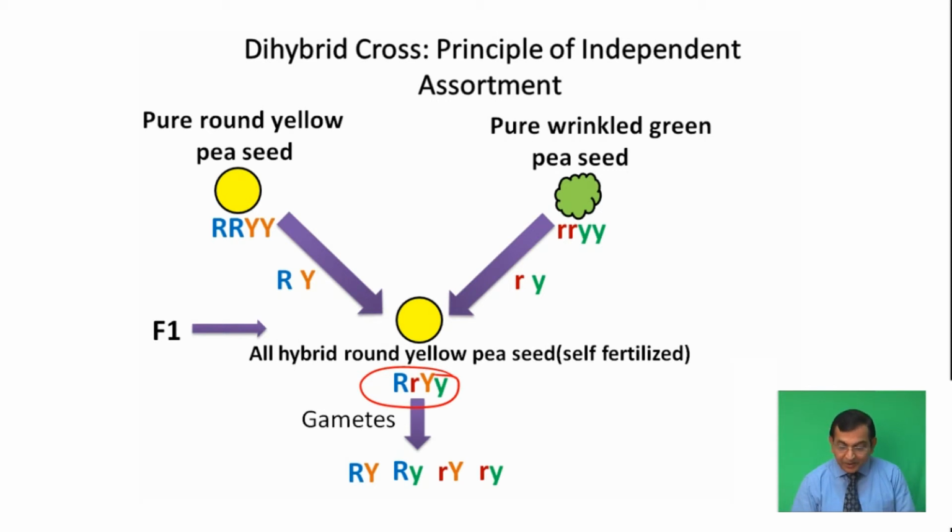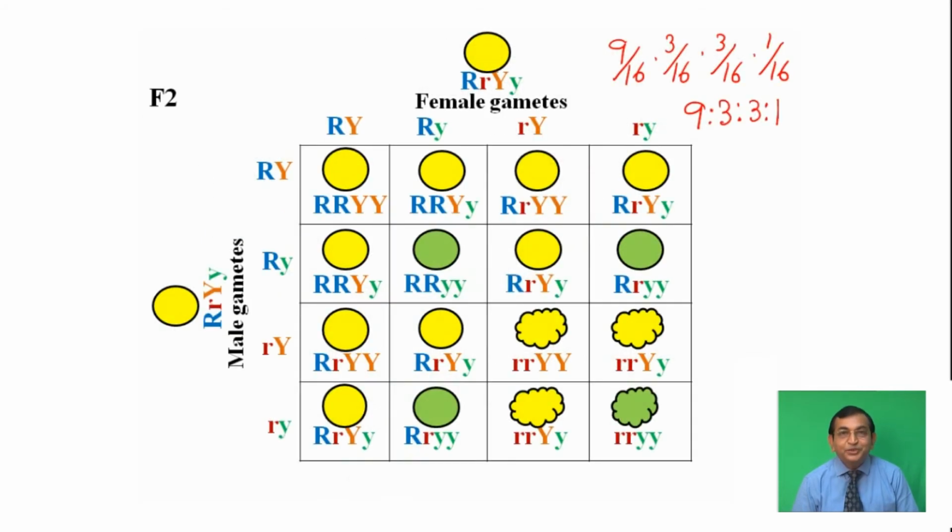In the F2 generation, a Punnett square is formed, where each produces 4 types of gametes, and there are 16 boxes.